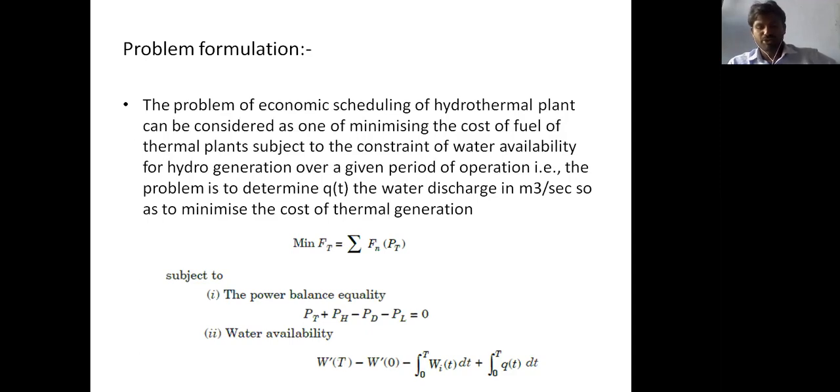So the water availability: W of T minus W of 0 is equal to W of t minus W of 0 minus integral 0 to t Q of t dt plus J of t dt. This is the water availability constraint. Here W of t is the water storage in the reservoir at the end and beginning of the time period of t.